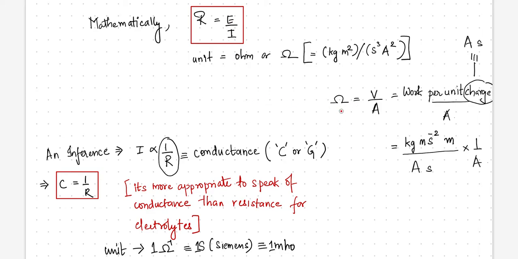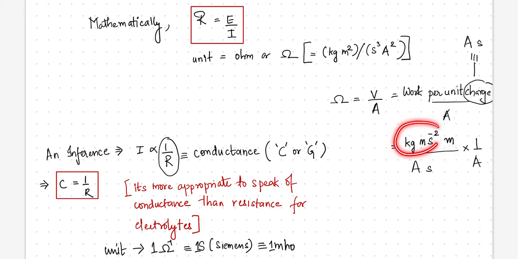So ohm would be equal to voltage upon current. Now voltage, we know, is work per unit charge, and work we can write as kg meter per second square into meter, because work is nothing but force into distance.